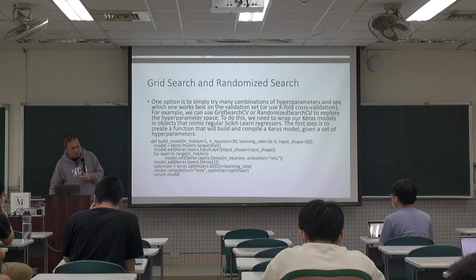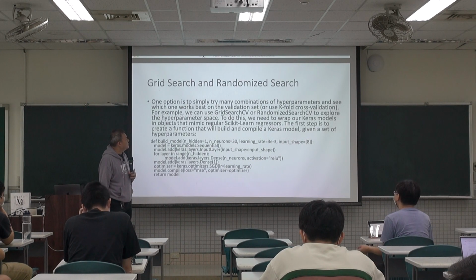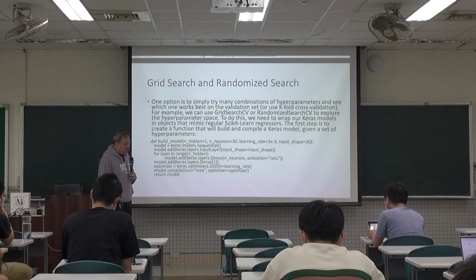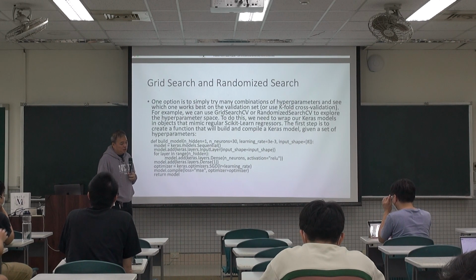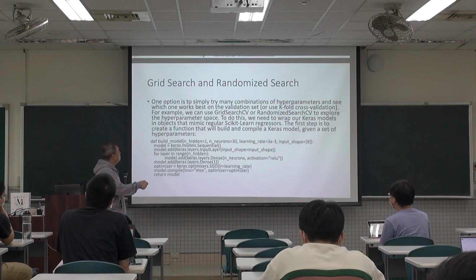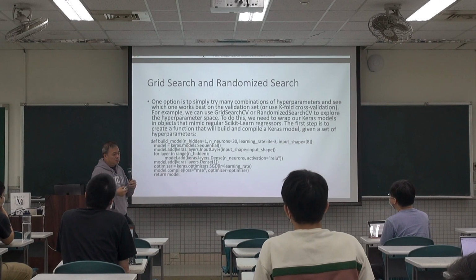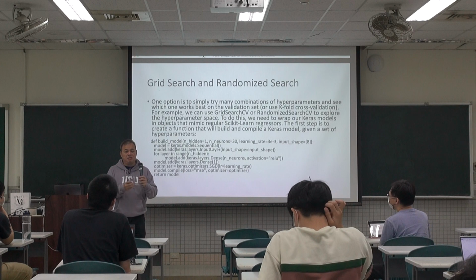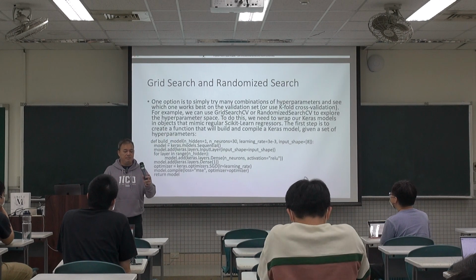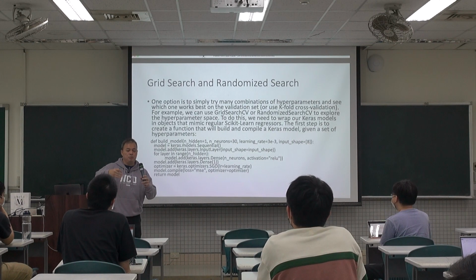Of course, if you just want to find a good combination of those hyperparameters, one way to do it is to use grid search. Grid search basically, for example, if you want to see how many layers is good, just try 1, 2, 3, 4.